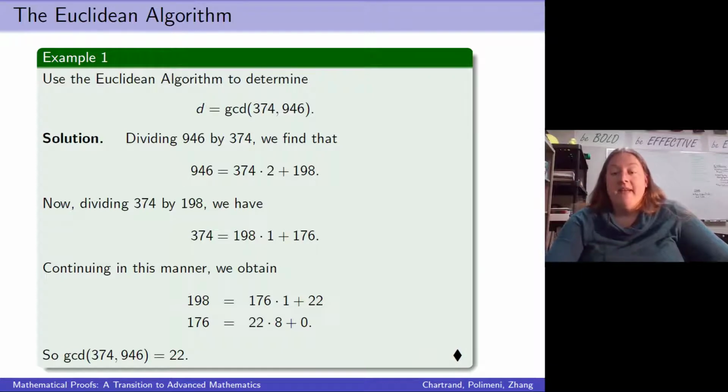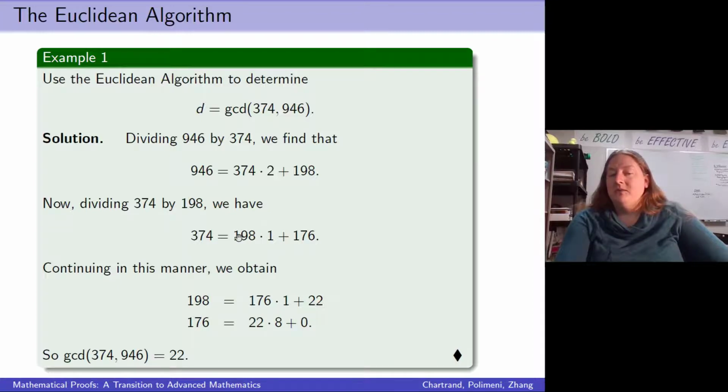But it gets better than that. Taking all of these steps that we had and solving them for the remainder. If I solve this equation that I have here, 198 equals 176 times 1 plus 22, for 22, I get 198 minus 176 times 1 equals 22. And then I solve this equation here for 176, my remainder. I get 176 actually equals 374 minus 198.